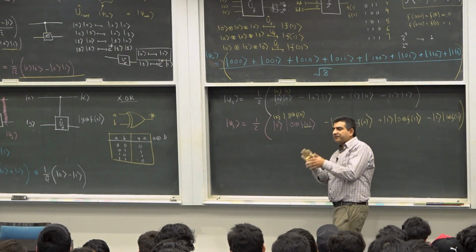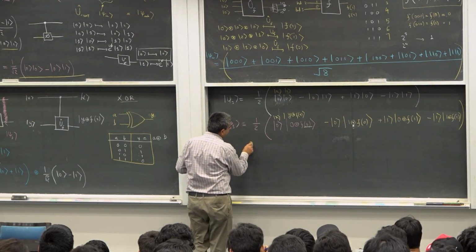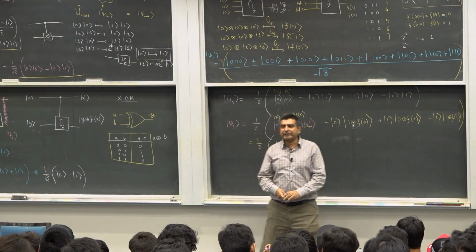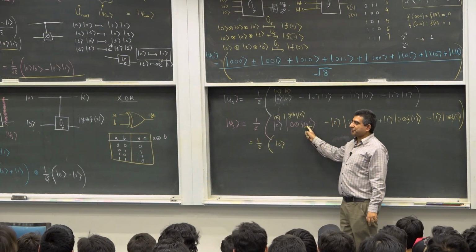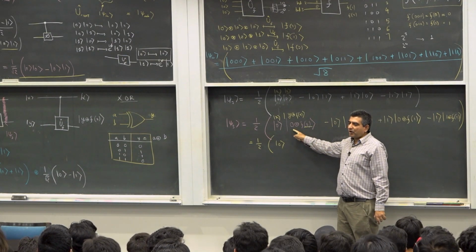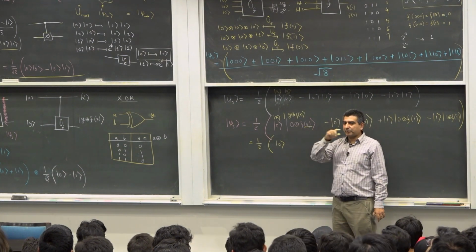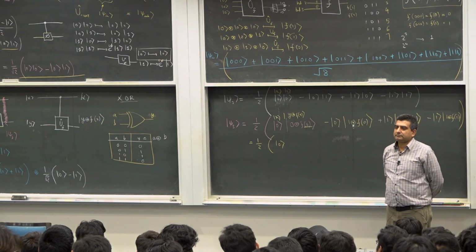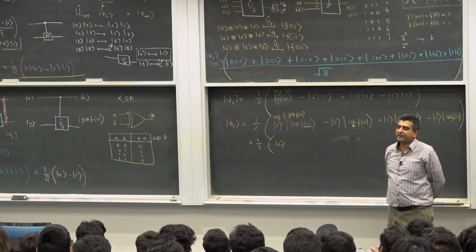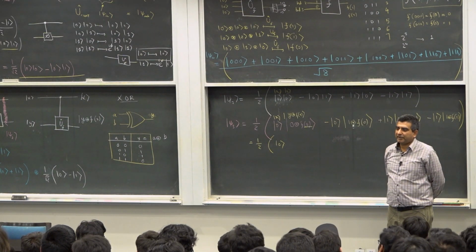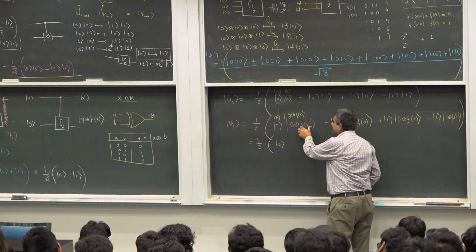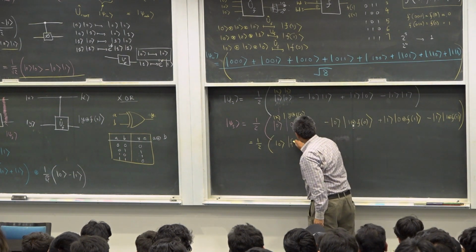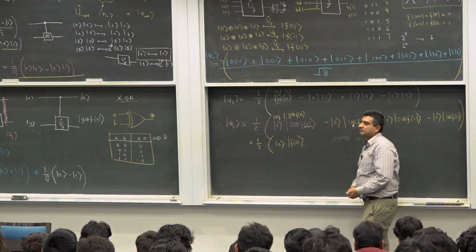All right, so now let's simplify this a bit further. 1/2, ket 0. Now if you look at the truth table for an exclusive OR operation, what is the result of an exclusive OR with 0? It's just the second thing, right? So an exclusive OR with 0 just returns the second object, f of 0, correct?